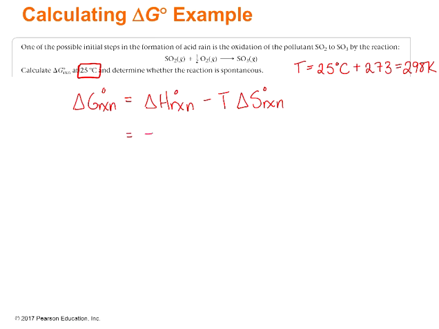So delta H we calculated as negative 98.9 kilojoules, but let's just multiply that by 1,000 to put it into joules. And then we're going to subtract 298 Kelvin times delta S, which we said was negative 94 joules per Kelvin.